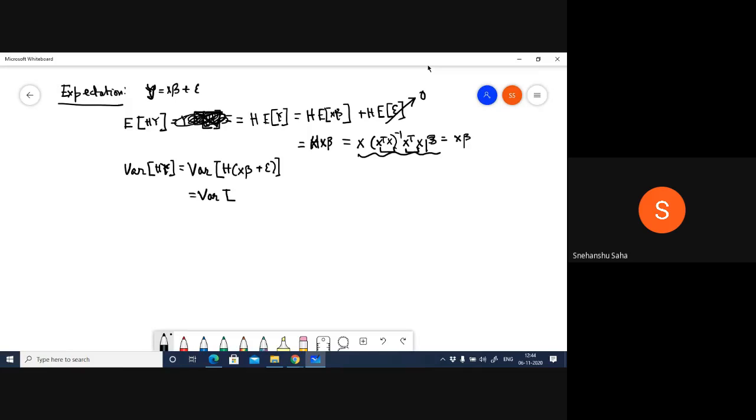If I have to simplify this out, this is hx beta plus h epsilon. So what is this going to be?